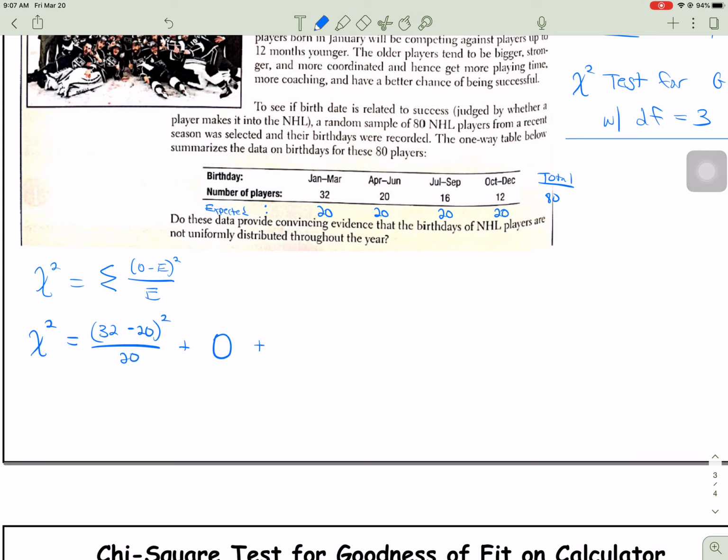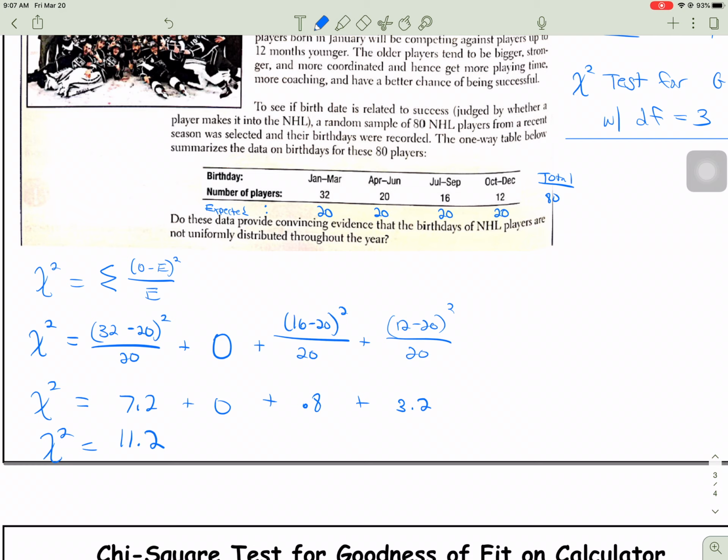And then plus 16 minus 20 squared over 20 plus 12 minus 20 squared over 20. And we calculate this, and I already did the math. You get 7.2 plus 0 plus 0.8 plus 3.2, which gives us a chi-square test statistic of 11.2.